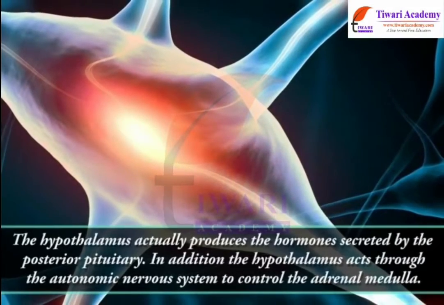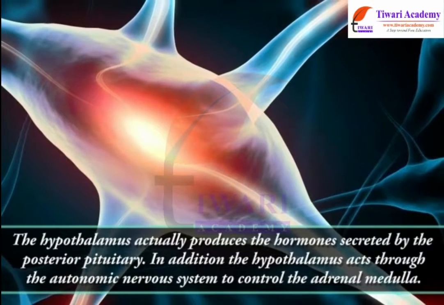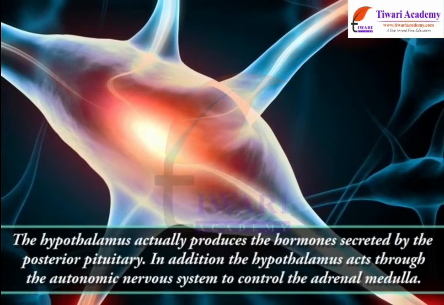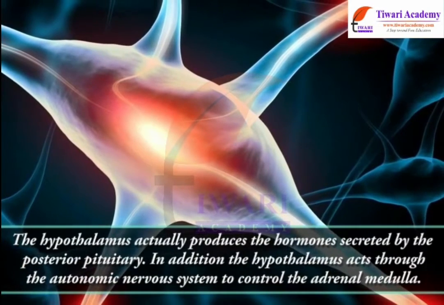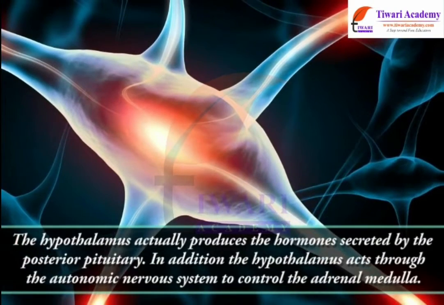The hypothalamus actually produces the hormones secreted by the posterior pituitary. In addition, the hypothalamus acts through the autonomic nervous system to control the adrenal medulla.